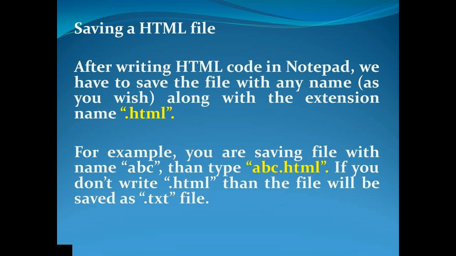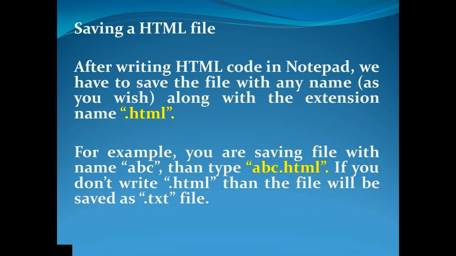While saving, we just do one thing. We have to add any file name as per our wish, but must give the extension .html. For example, look here, in this case we are saving our file with the name ABC, and then we type the text .html and create our file as abc.html.